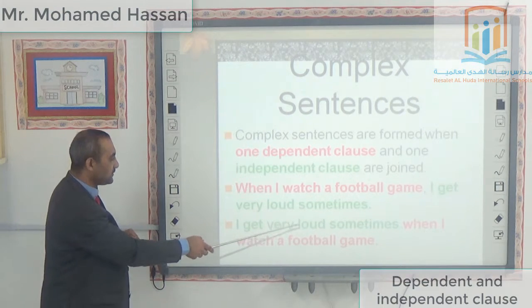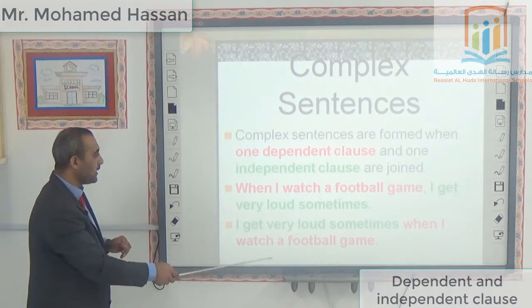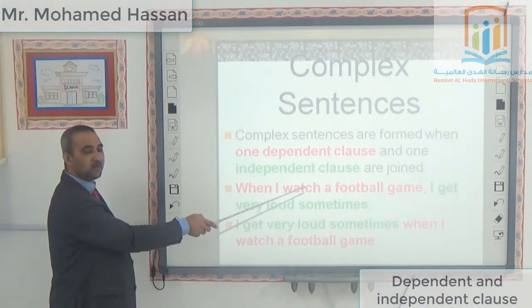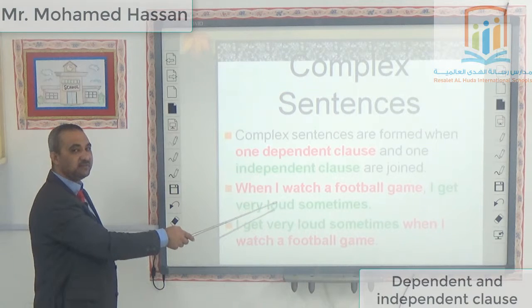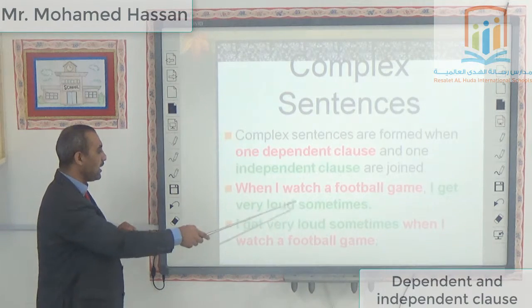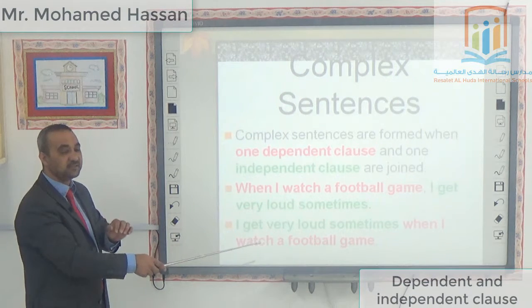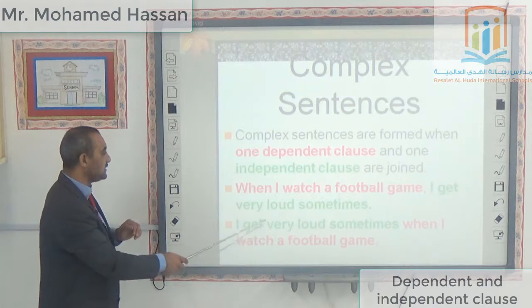I get very loud sometimes when I watch a football game. "When I watch a football game" is a dependent clause, which cannot stand alone, which needs help, okay? "I get very loud sometimes" is an independent clause. It can stand alone in a sentence.